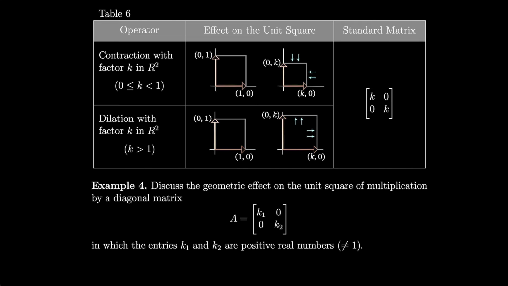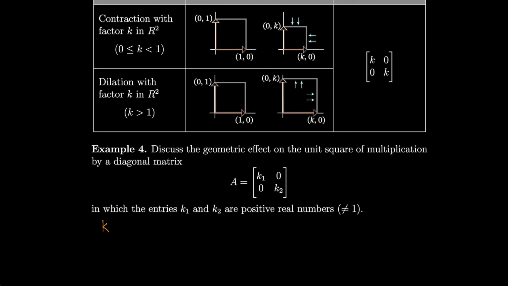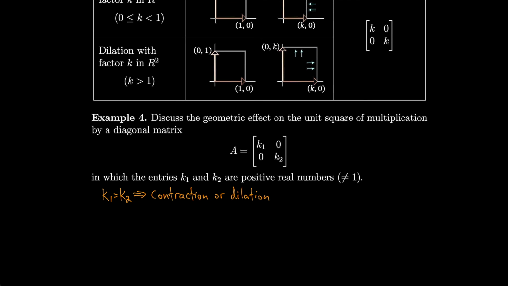So how about we discuss the geometric effect on the unit square of multiplication by a diagonal matrix A, in which the entries k1 and k2 are positive real numbers not equal to 1. Well, clearly if the k's are equal, k1 equals k2, then by the above table, we have either a contraction or a dilation. Otherwise, let's write out matrix A. So that's k1, 0, 0, k2.